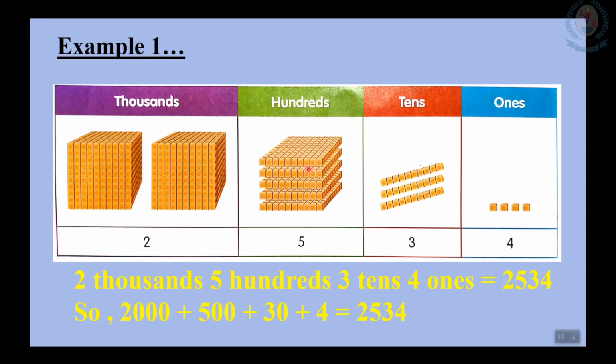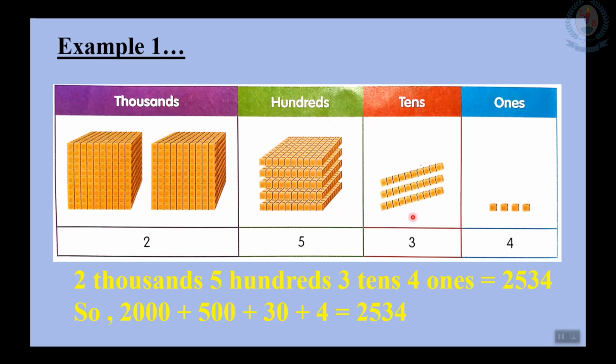Then we'll go to the hundreds column. In the hundreds column, how many sets are there? 1, 2, 3, 4, 5. That means there are 5 sets in the hundreds column. Then the tens column. How many bars are there? 1, 2, 3.